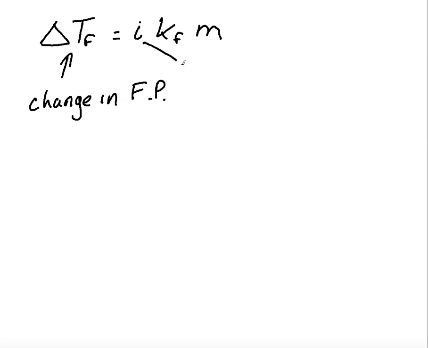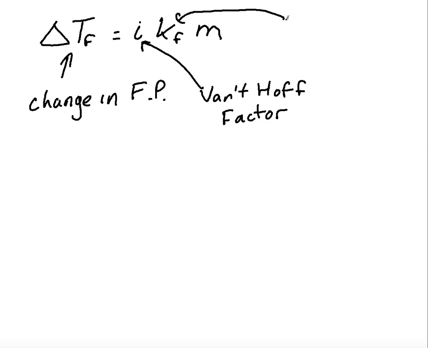And then you've got your i, which is the Van't Hoff factor. And then we've got Kf, which is what we're looking for. It's called a molal freezing constant.